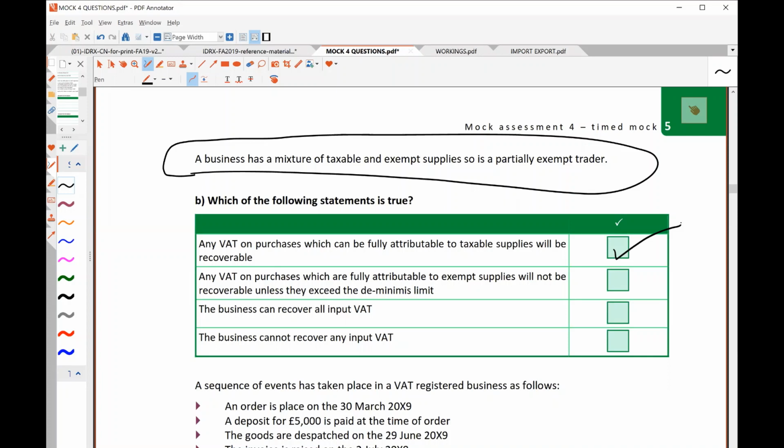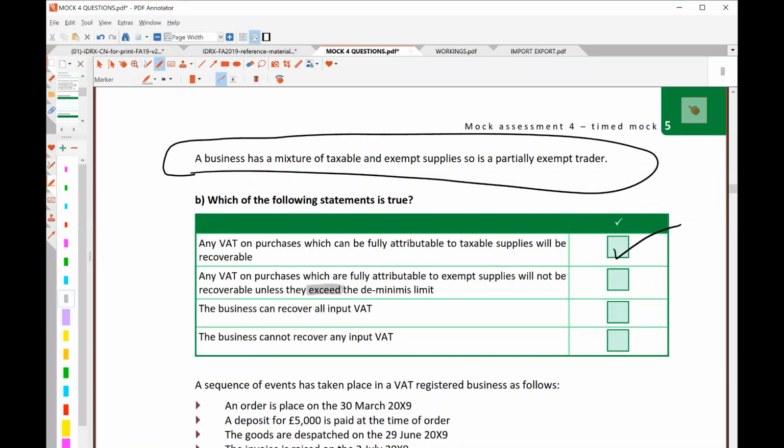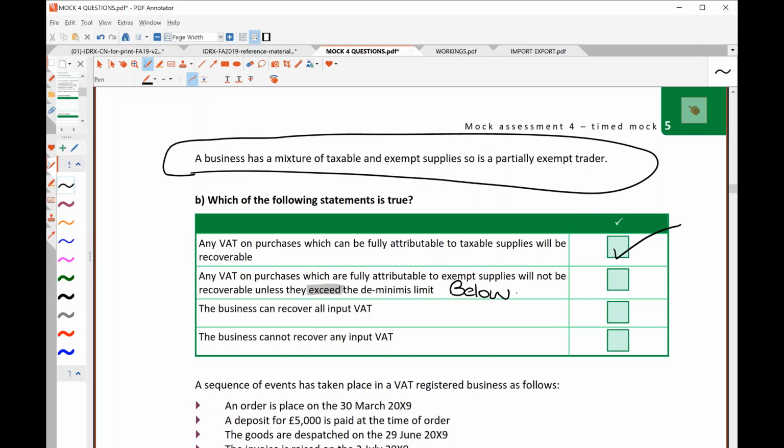So the key word that a few people have noticed is this: exceed. Whenever you're talking about the de minimis limit, it should be below, not over the limit. So that must be false.